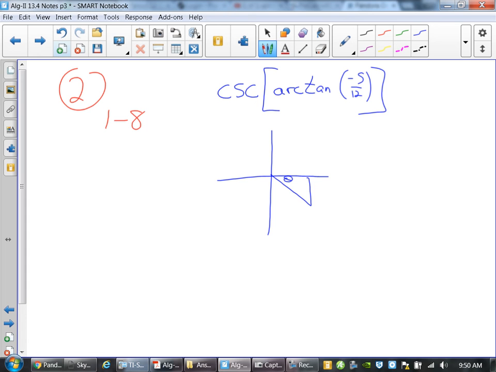The 5. For tangent to be negative, the opposite is negative. And you remember that tangent is opposite over hypotenuse. Or, I'm sorry, opposite over adjacent. What's my R value?